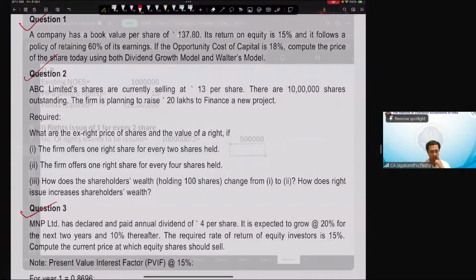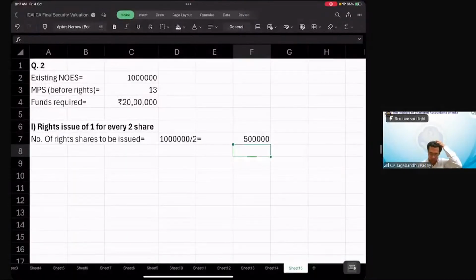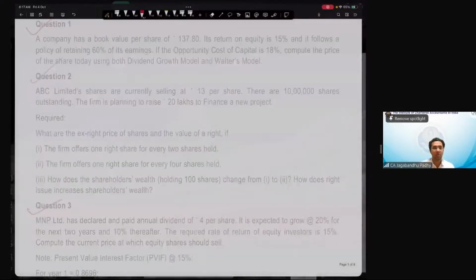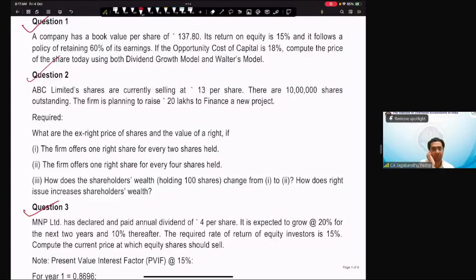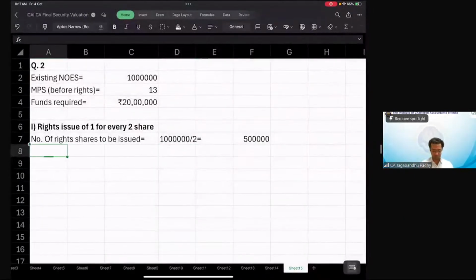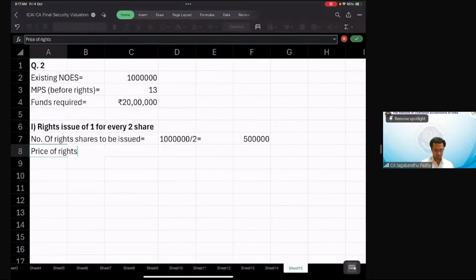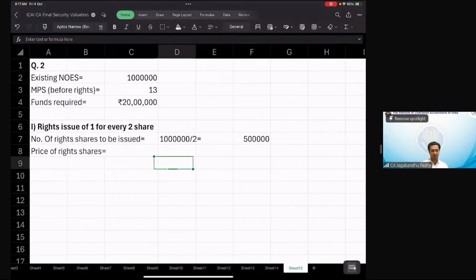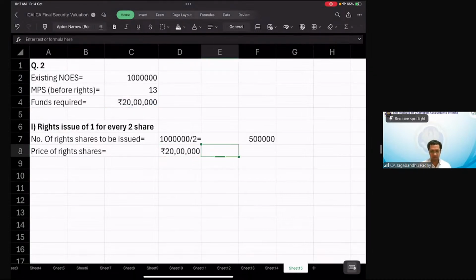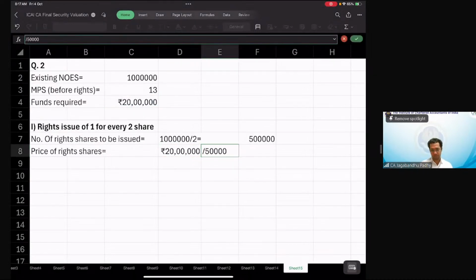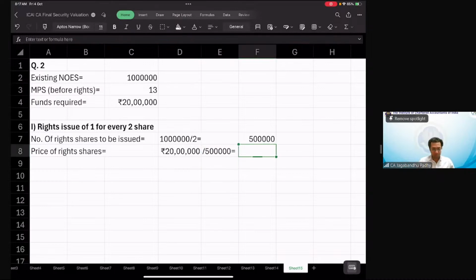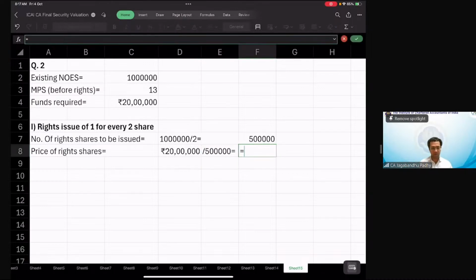Now, at what price are the shares going to be issued over here? What is the price of the right shares? Can I say 20 lakh is being funded by 5 lakh shares?